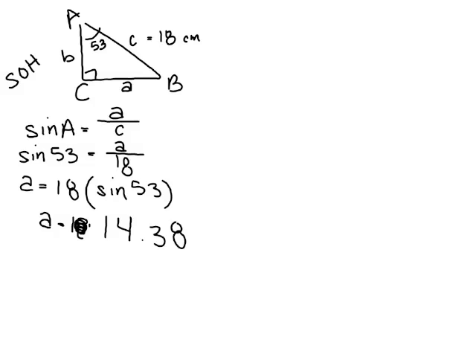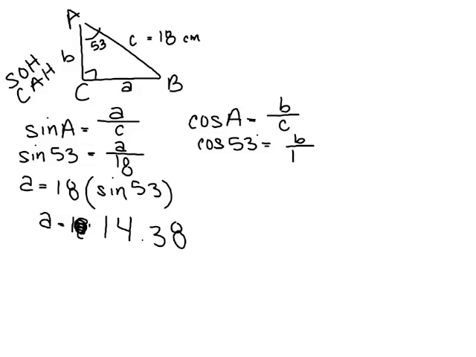So let's do the cosine for A. So cosine, remember, cosine is adjacent over hypotenuse. So adjacent to the angle A is the little b side. And fill in what we know. Cosine of 53 degrees equals the little b side over 18 centimeters. Okay. Little b alone, times both sides by 18.